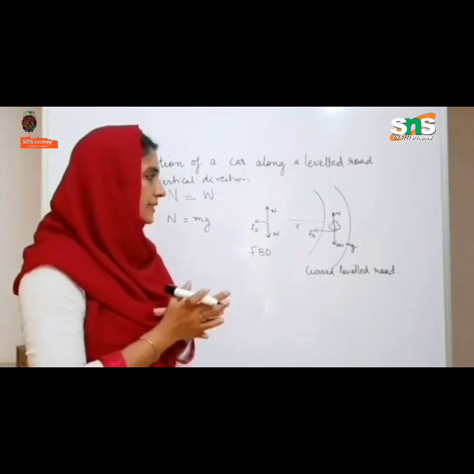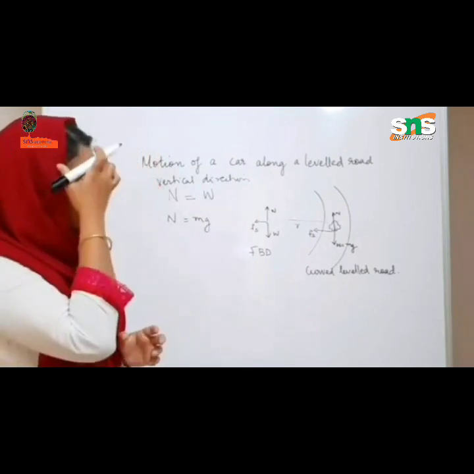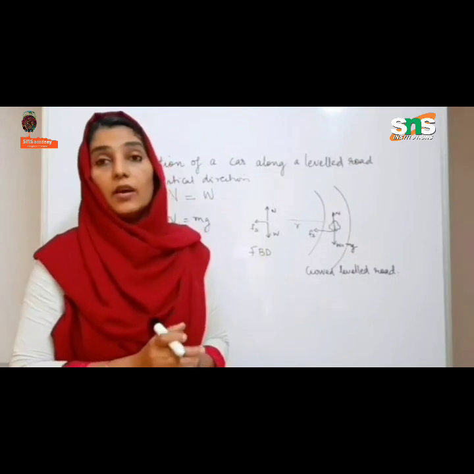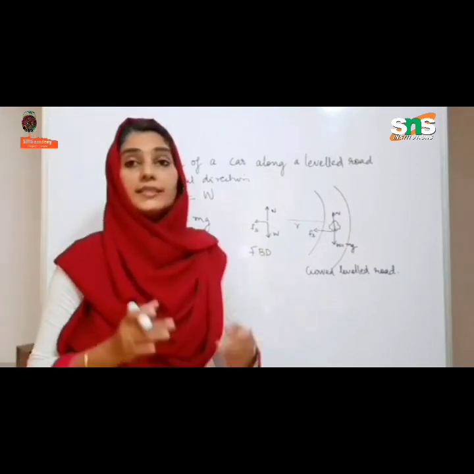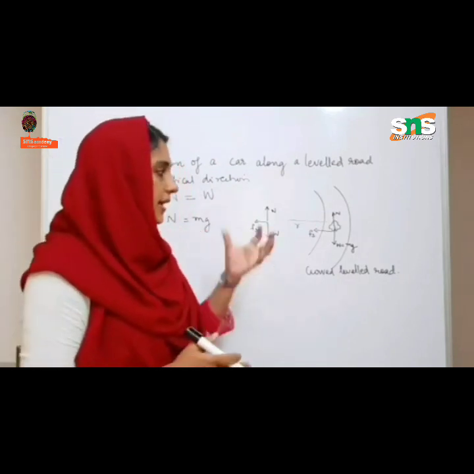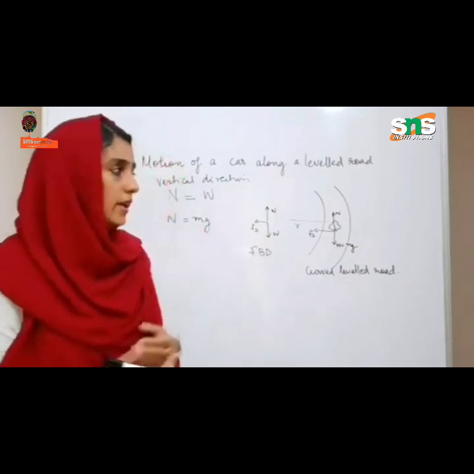Next we have to consider the horizontal direction. Along the horizontal direction the actual acceleration takes place, which is the centripetal acceleration, because this can be considered as a body moving in circular motion.